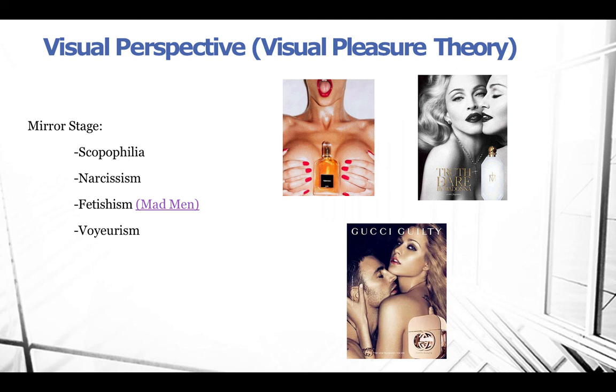We use this in commercial advertisement here. We use the mirror stage, scopophilia, narcissism, fetishism, and voyeurism because they're obviously selling sex and sexual desire. Even though denotatively, they're trying to sell cologne, if you look at the connotative message, they're selling sex.